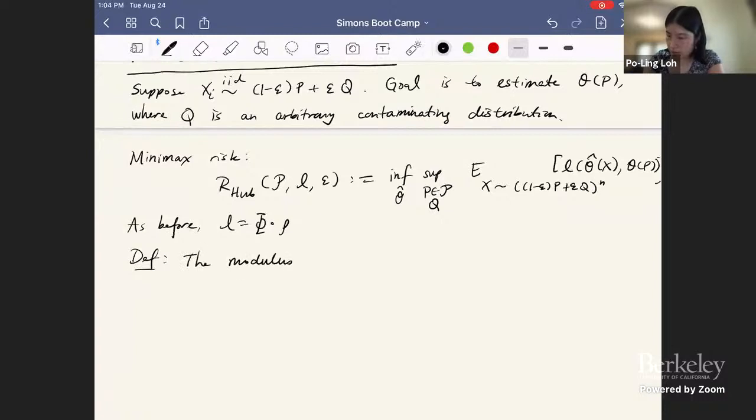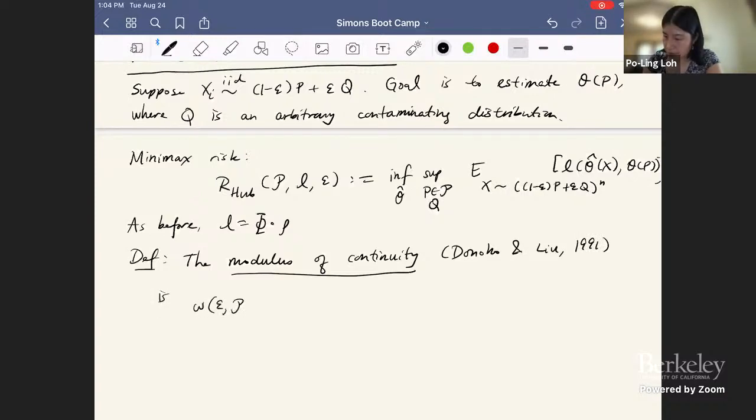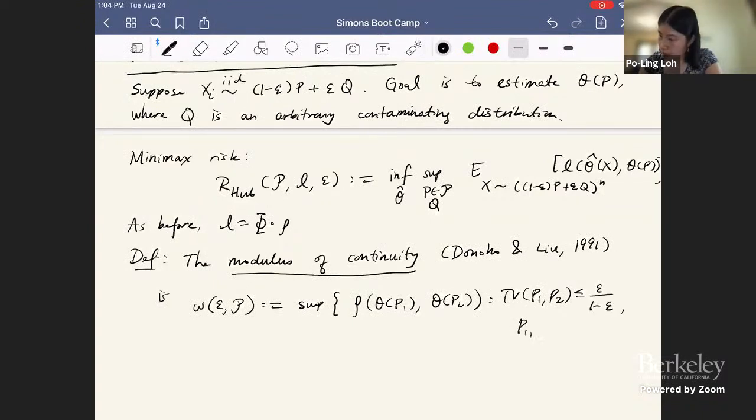So the modulus of continuity, and this is a notion that comes from Donoho and Liu, 1991, is defined by omega of epsilon p is equal to the supremum rho of theta of p1, theta of p2, such that total variation distance between p1 and p2 is bounded by epsilon over 1 minus epsilon, and p1 and p2 are in script p.